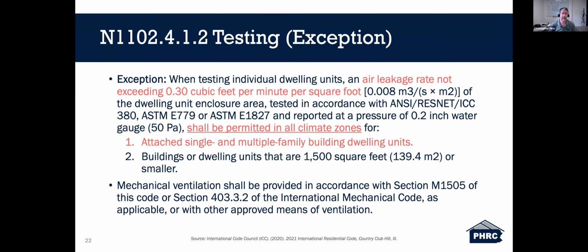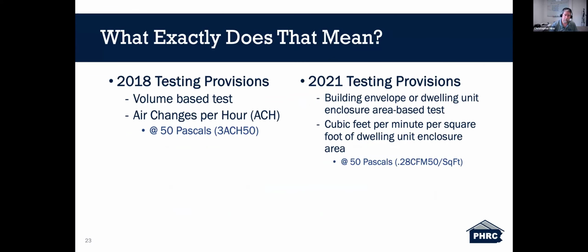Number one being attached single and multifamily building dwelling units, and number two for buildings or dwelling units that are 1,500 square feet or smaller. That second one specifically applies to detached units, but we're going to look at number one here, that is attached single family and multifamily dwelling units.